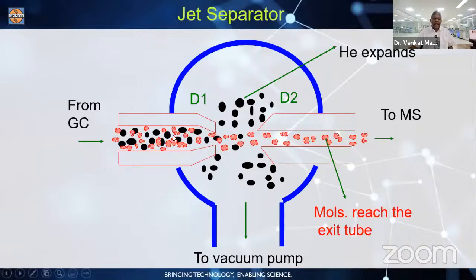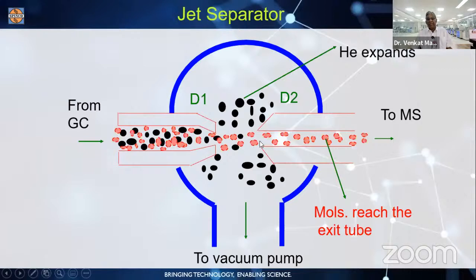When the carrier gas comes out of this at some flow rate, it suddenly undergoes a large expansion. Your helium gas, the carrier gas, being of low molecular weight, undergoes larger expansion. Your compound, whose molecular weight is very large, will not undergo as much expansion as helium. Therefore, under this jet separation, the helium, which undergoes a larger expansion, is pumped off by a vacuum unit.